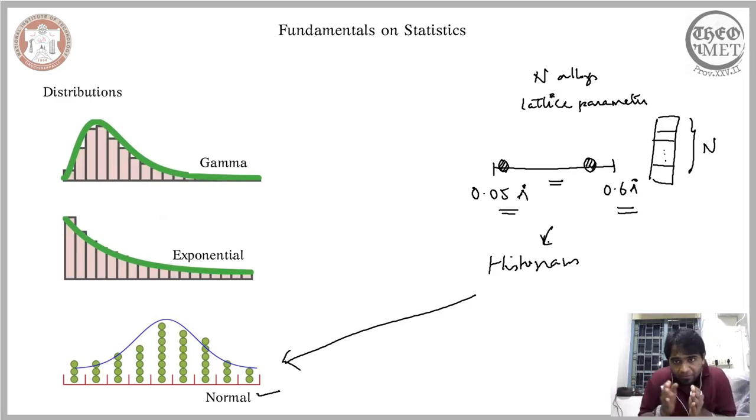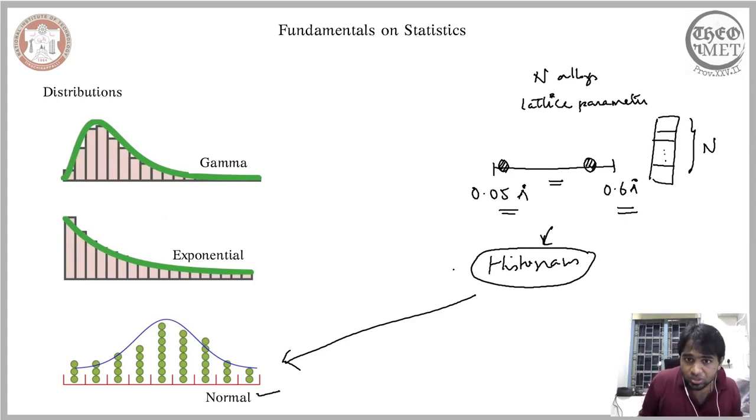When you move away from the least lattice parameter, the number of alloys assuming that particular lattice parameter gradually decreases. So apart from the normal distribution, it is possible to have n different alloys where a major portion assume the least lattice parameter, and as we increase the lattice parameter, the population gradually decreases. Such a distribution is referred to as the exponential distribution. And again, we arrive at this exponential distribution through the histogram.